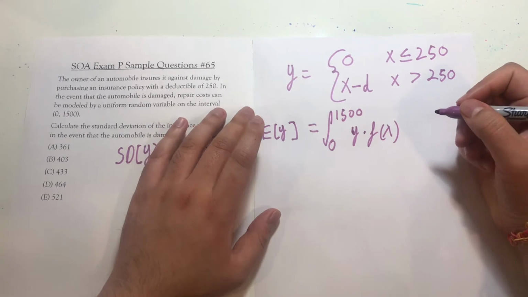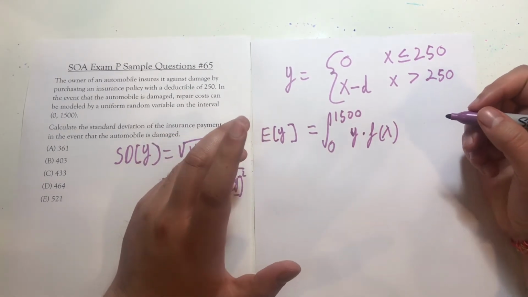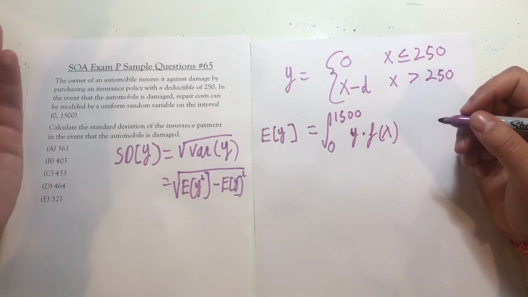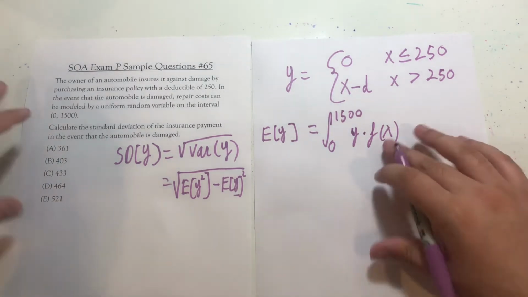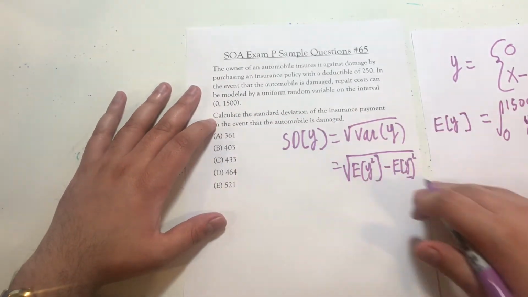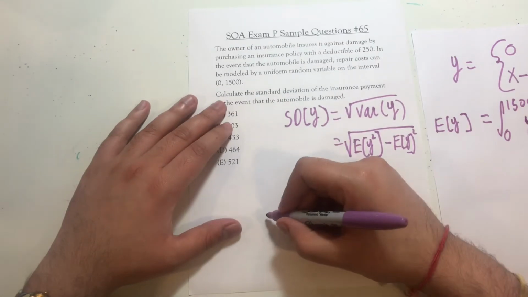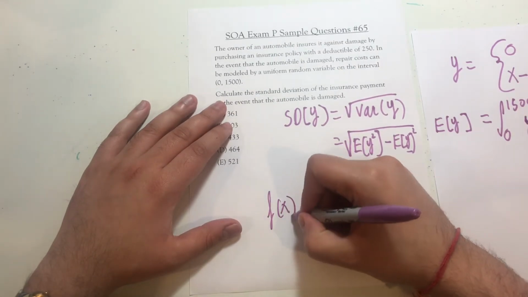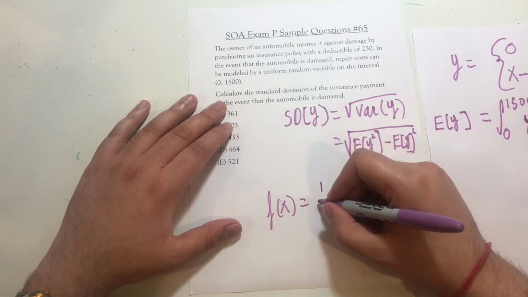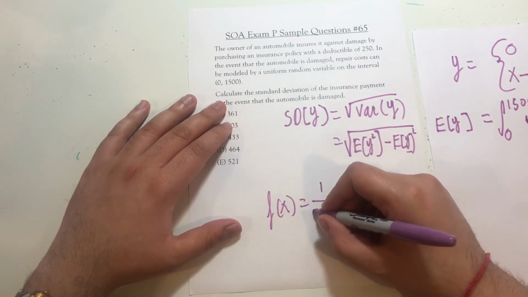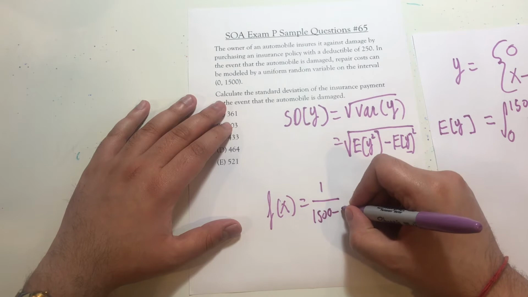And because this is a function of x, my density function is 1 over 1500. I should mention where I'm getting that from. From this uniform random variable, that should be memorized, right? The density of a uniform random variable is 1 over the upper bound, in this case 1500, minus the lower bound.